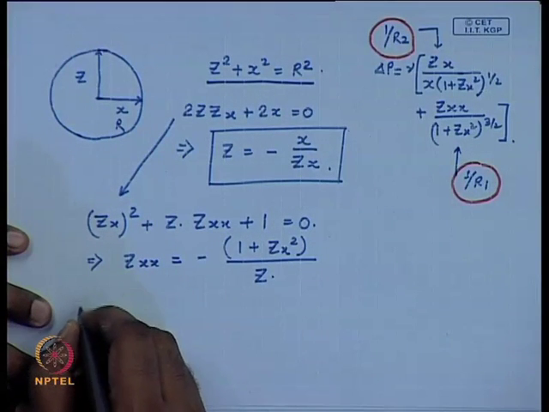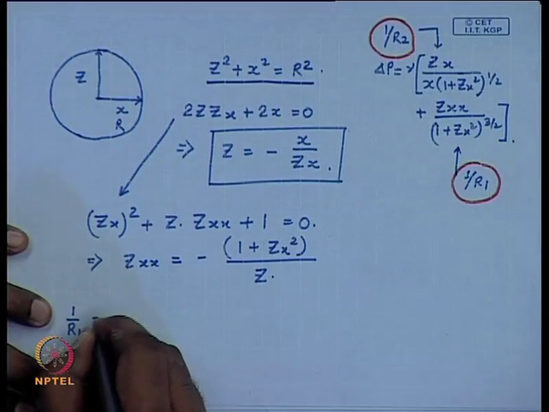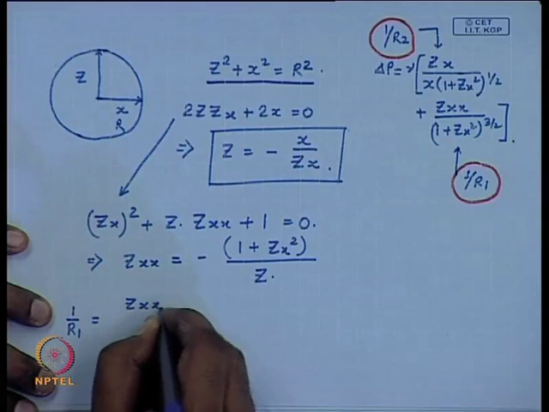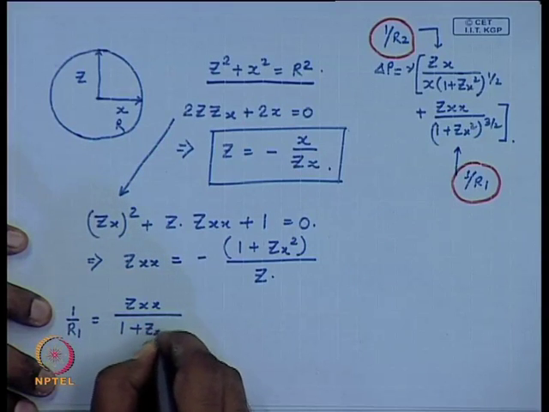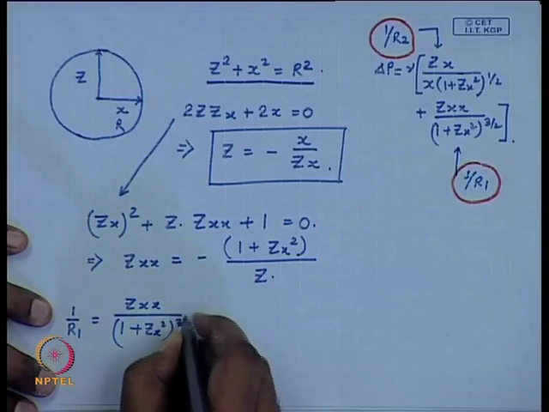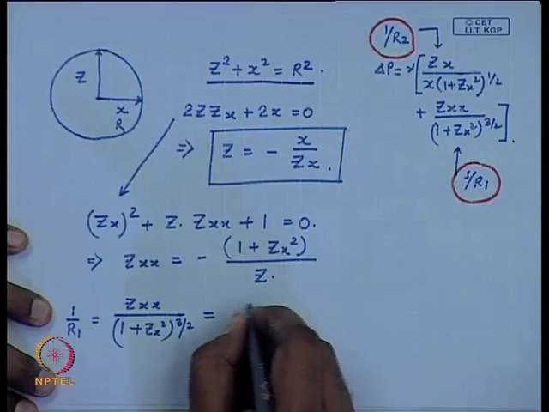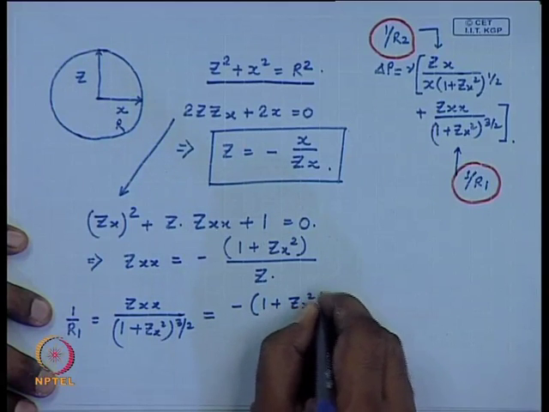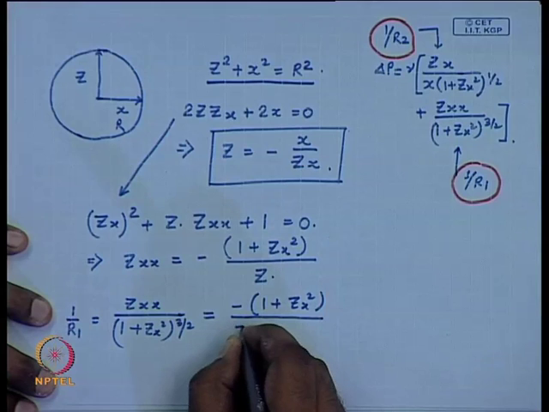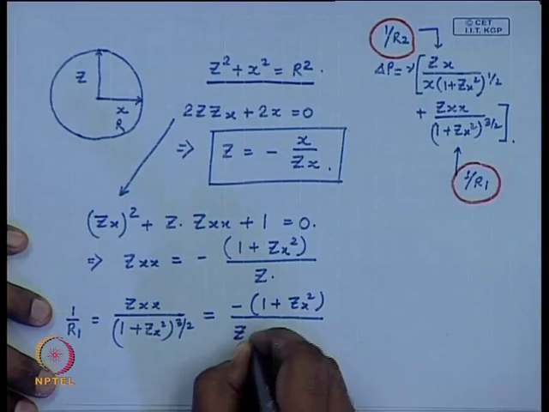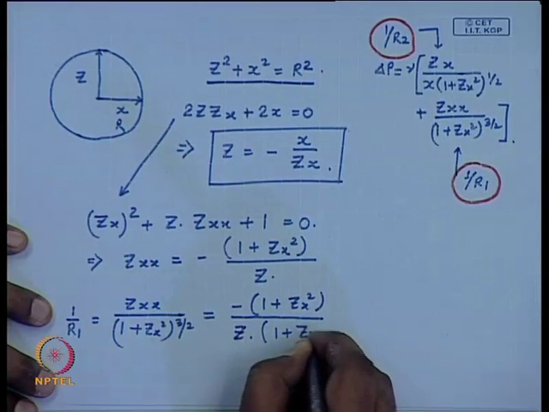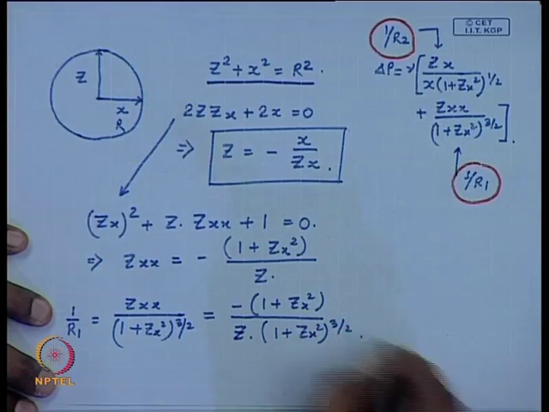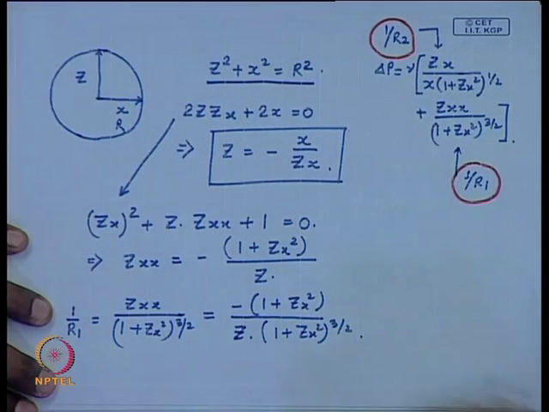Now, if we look at the expression of 1 by r1, which is Zxx by (1 plus Zx squared) raised to the power 3 by 2, simply plug in the expressions. So, you have... and now substitute this z over here in terms of this expression. Okay.